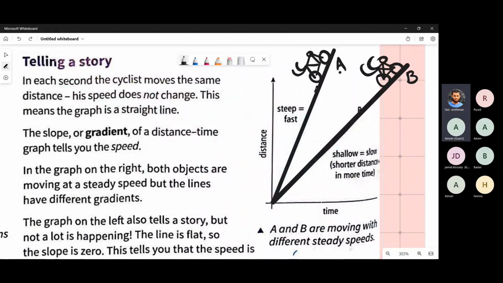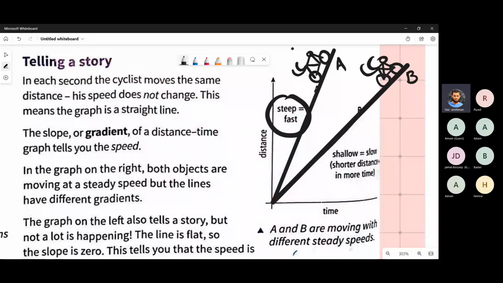If A is like this, it means it is steeper, and the slope is higher. The slope in A is higher than in B. It means A has more speed. More steep means more speed, less steep means less speed.